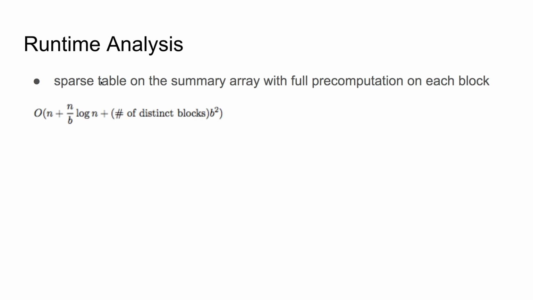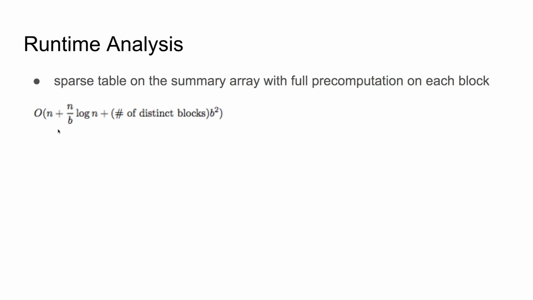So the running time of this is going to be n over b. This is the build time. The query time is going to be O of 1, since the sparse table does an O of 1 query and the DP table does an O of 1 query as well. So the query time is going to be O of 1.